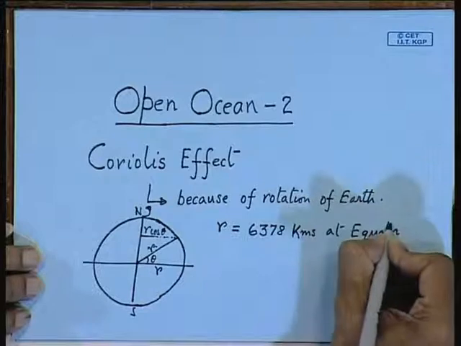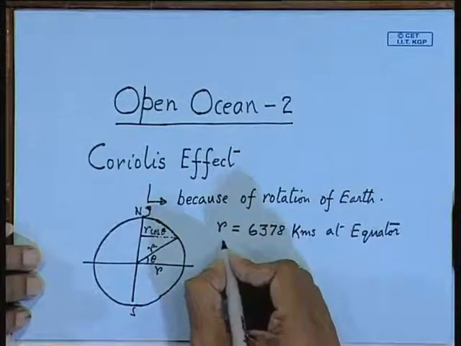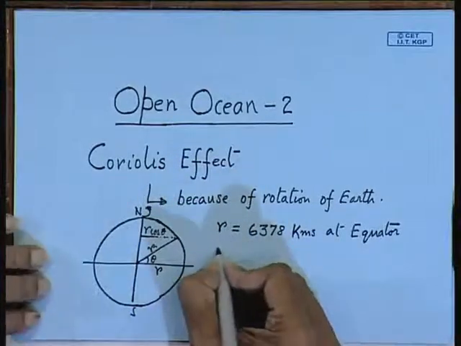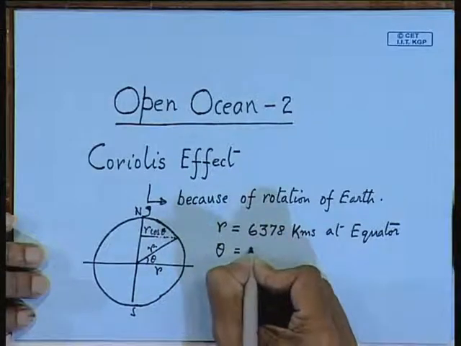What is the value of your radius at theta equal to 30 degrees? Say as an example, let us take theta equal to 30 degrees.